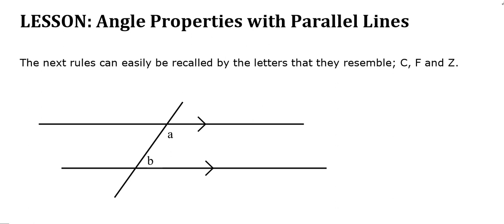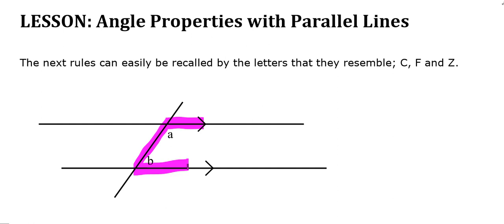The C, the F, and the Z. When I have angles A and B, if I want to trace them out together, what shape does it make? Well, try it. What shape is that?